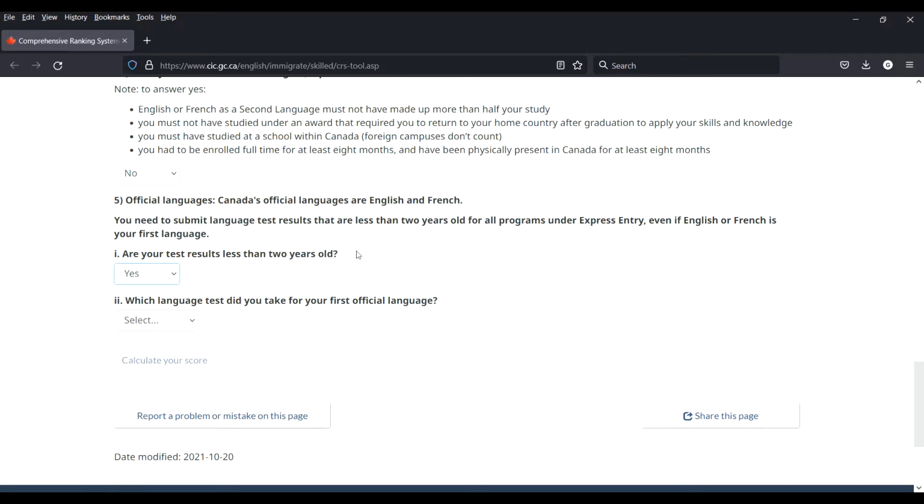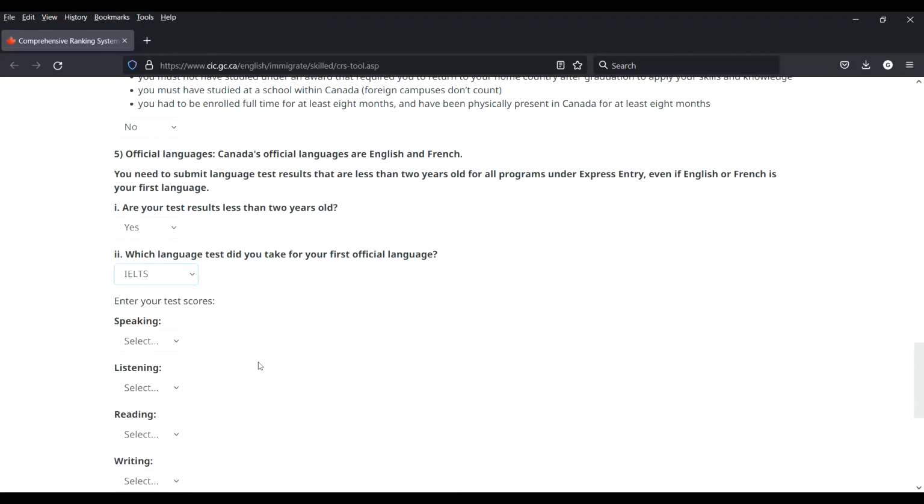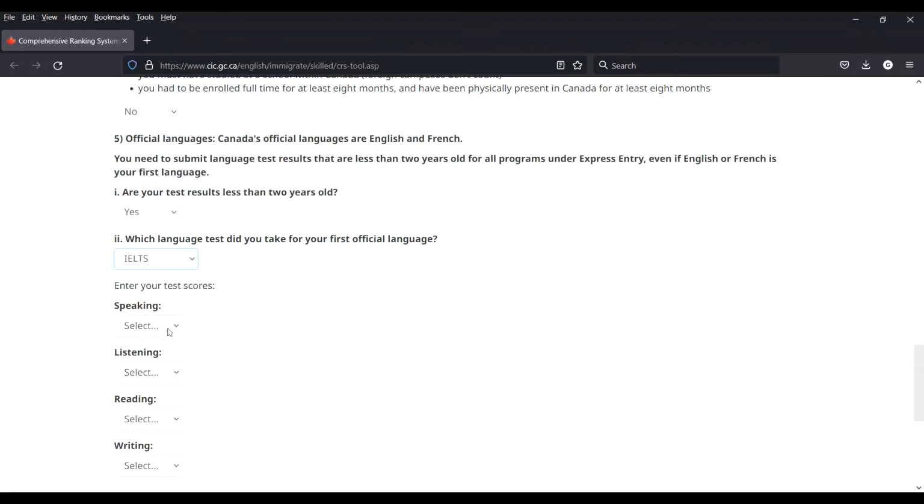So it's either you take an English test or a French test, whichever works for you. So which language test did you take as your first language? If it's English, let's say IELTS for instance, and you enter your score.